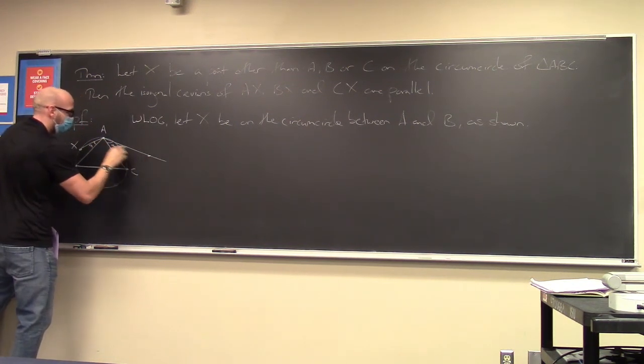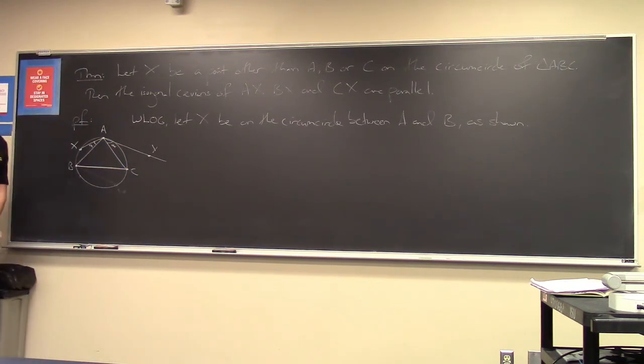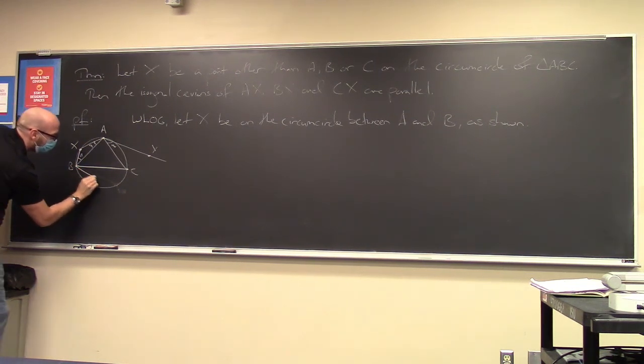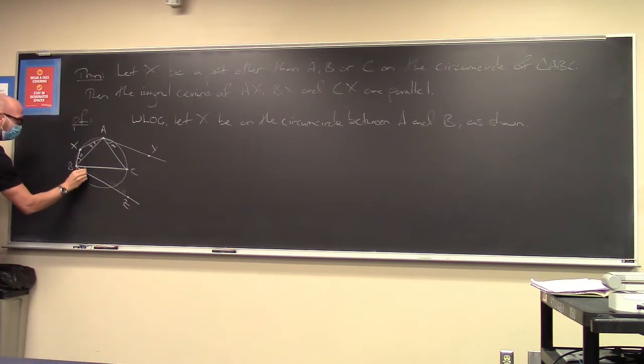And because I want to refer to this angle, CA, let's give this point a name, some point on line Y. And the same thing with B. Let's call that angle beta. I'll construct a line coming out from B, say line BZ, where that angle is beta.